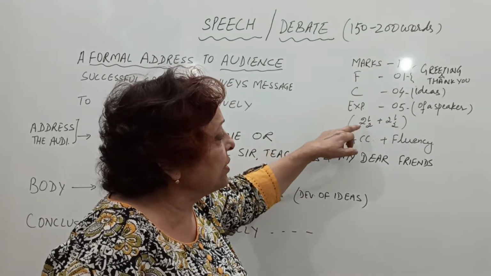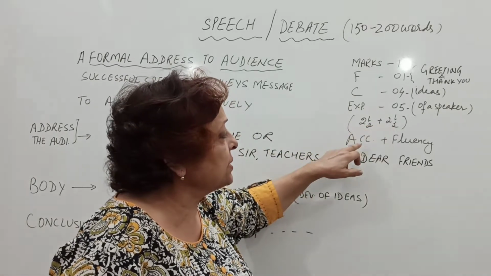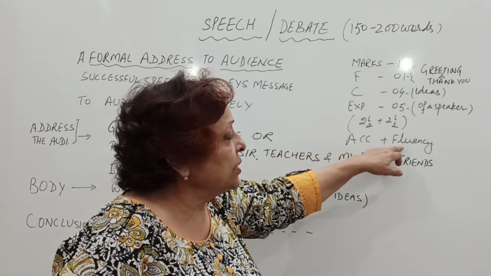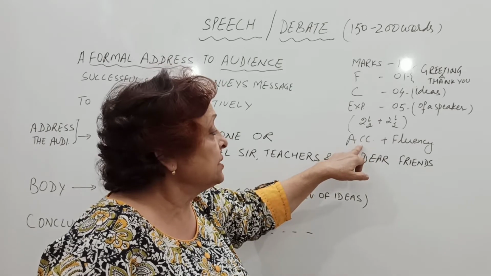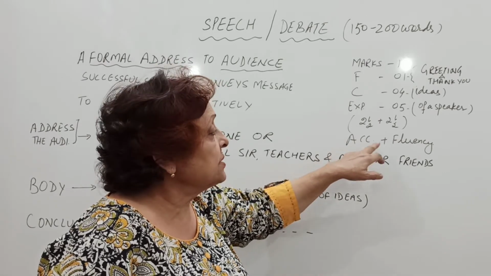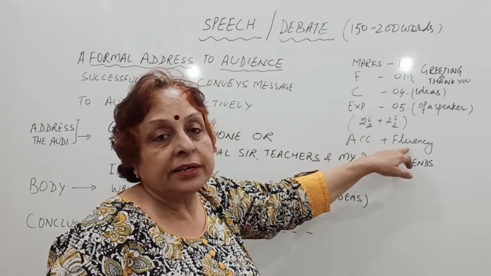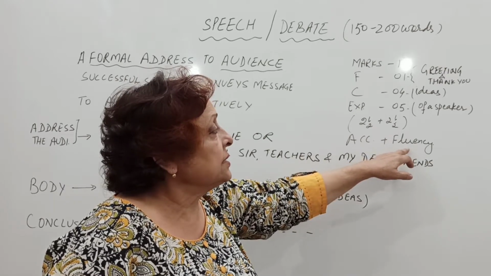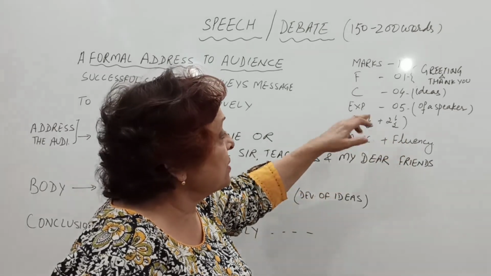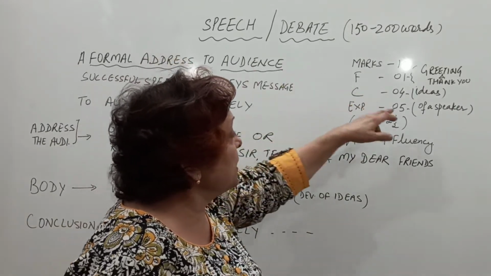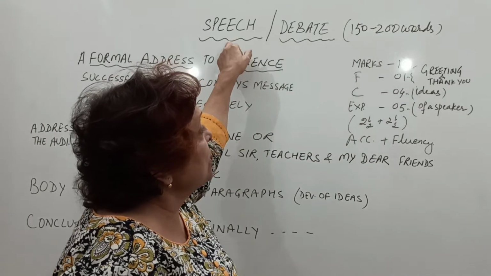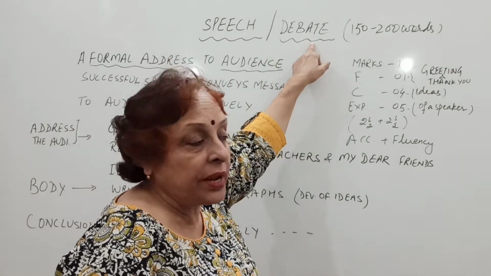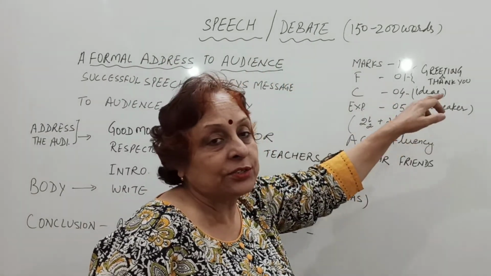Expression is further divided into 2.5 and 2.5, that is accuracy and fluency. Accuracy means grammar, spellings and construction of sentences. Fluency means linking the ideas, flow of ideas and coherence. So, now the expression has to be of a speaker when we are making a speech. And when we are making a debate, the expression of a debater has to be there.